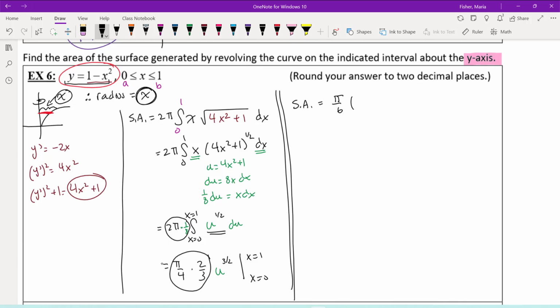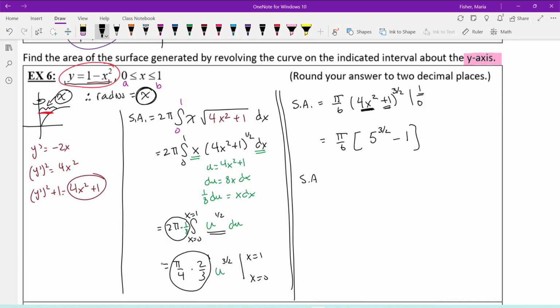Get out of u's and go back into x's. We have 4x squared plus 1. That gets raised to the 3/2 power, and this gets evaluated from 0 to 1. Plugging in those limits of integration, if I plug in a 1, 4 times 1 squared is 4, plus 1 is 5. So we're looking at 5 to the 3/2 minus 4 times 0 is 0, plus 1 is 1. 1 to the 3/2 is just 1.